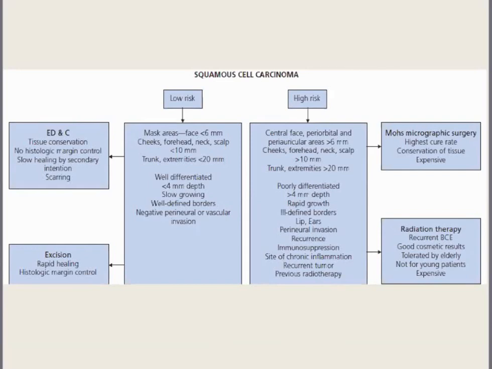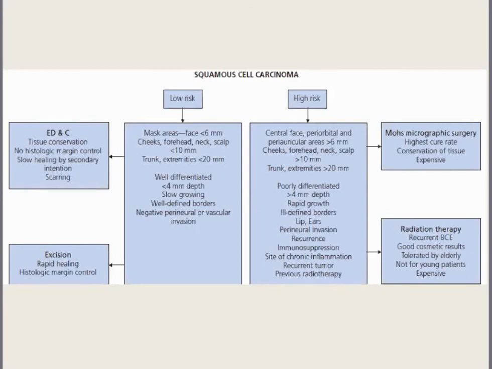So you should preserve as much tissue as possible and at the same time ensure you cut all the tumor. You will not leave any tumor tissue behind. You should be conservative and precise.